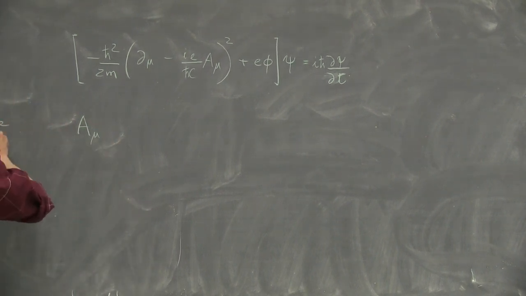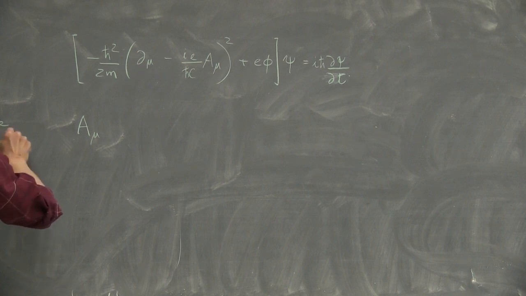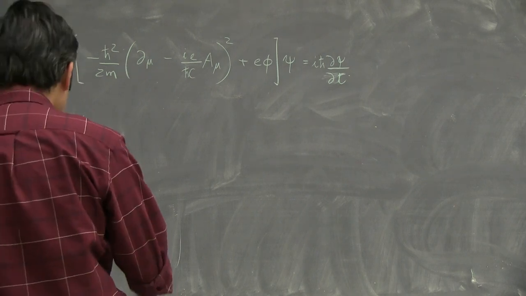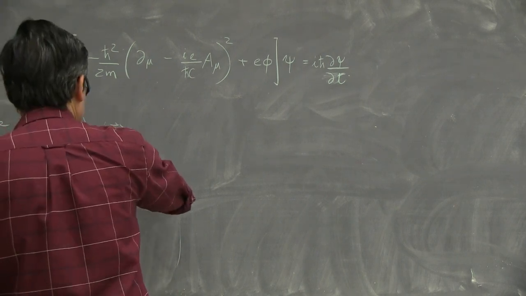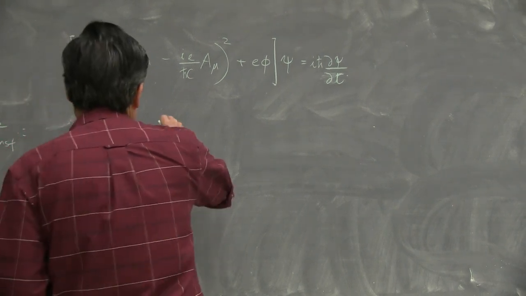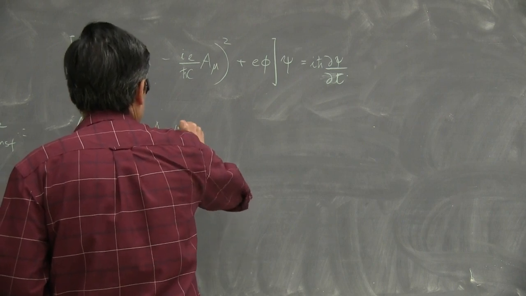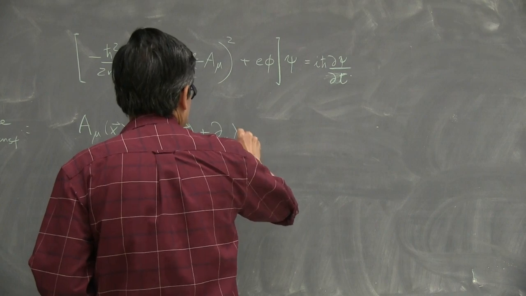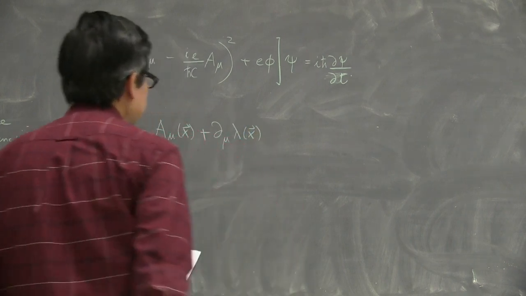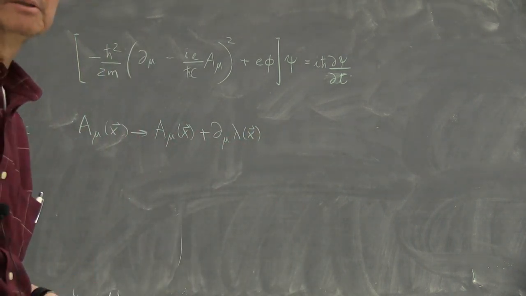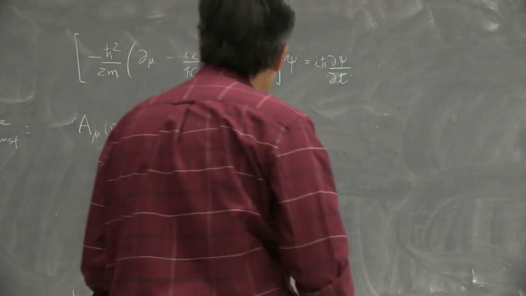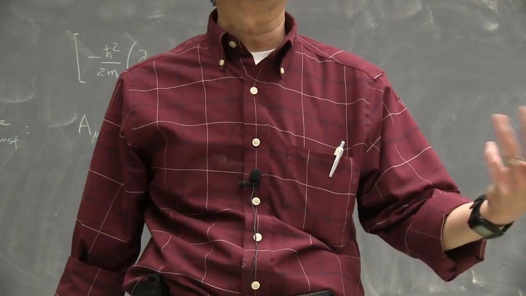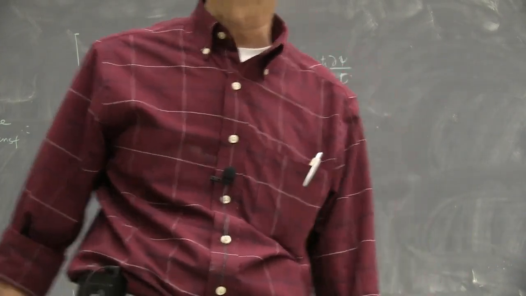The gauge transformation consists of two parts, one applied to the gauge potential and the other applied to the wave function, where lambda of x in this case is some arbitrary spatially dependent function. Notice that we are no longer dealing with Minkowski space. The underlying space goes back to three-dimensional Euclidean space.